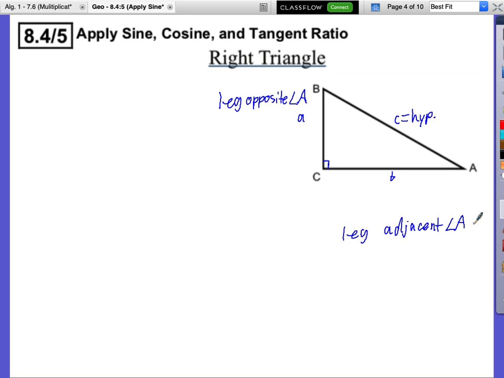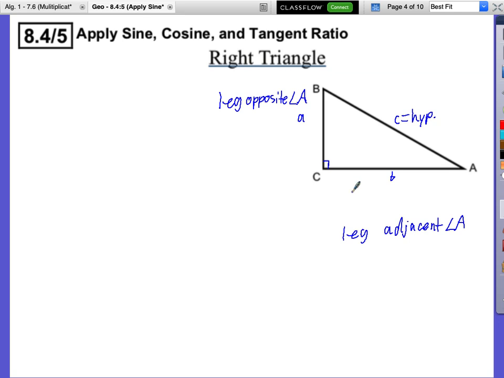Just one, because the other thing adjacent to angle A is the hypotenuse. So we want to call it adjacent to angle A, because if we say adjacent to angle C, that doesn't help us at all. We're like, okay, it's just a leg then. But if we say this, oh, we know exactly where it's at.